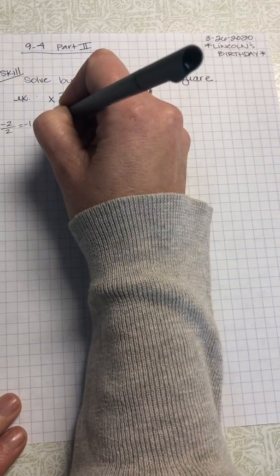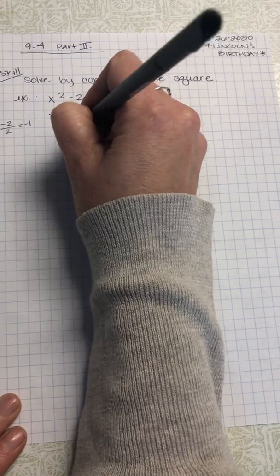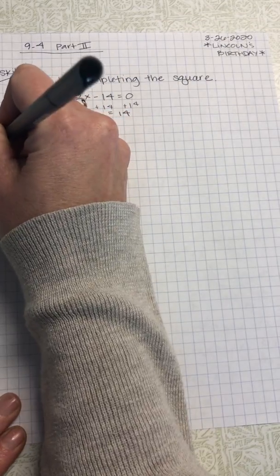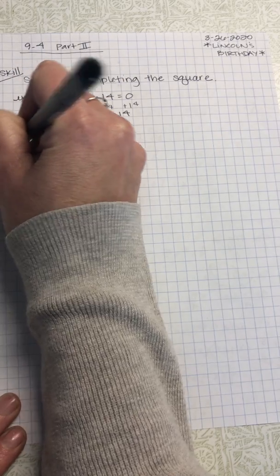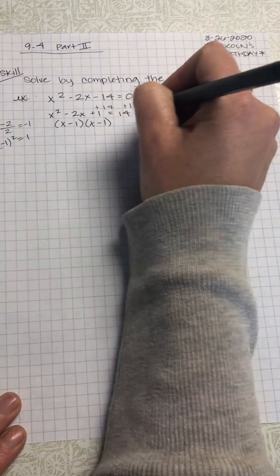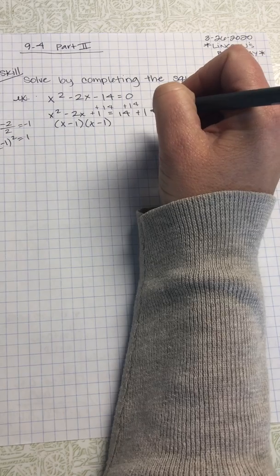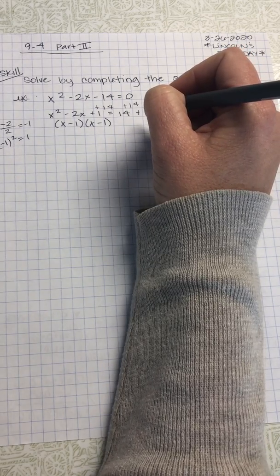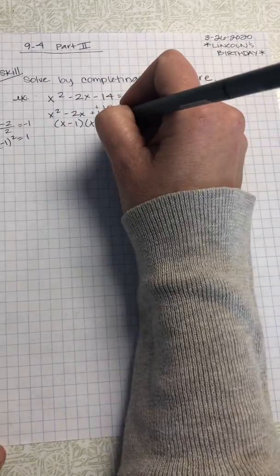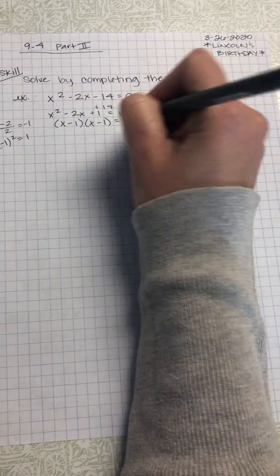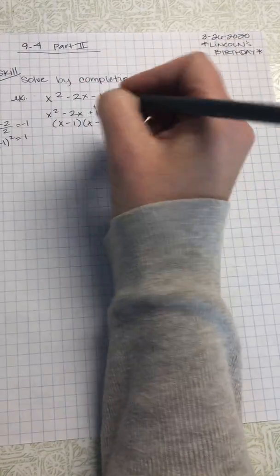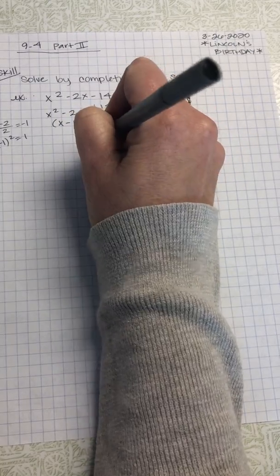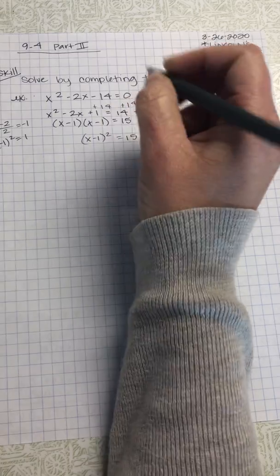That's what's going to go inside our parentheses. And then we're going to square it to find out what goes into the problem. Remembering that twin rule. When we combine them, we get 15. Okay, so if we were to simplify this, we have x minus 1 squared equals 15.